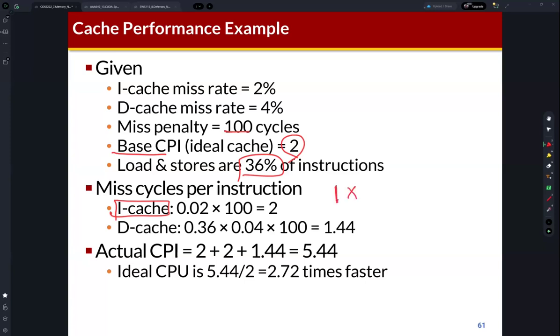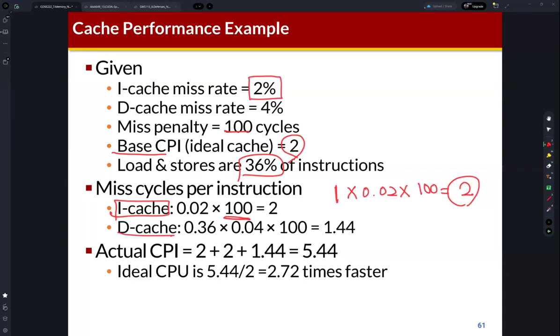And then the cache miss rate is 2%, which is 0.02. And then what is the miss penalty? The miss penalty is 100. So if we calculate this, it's 2. So this is the additional cycles by instruction cache misses, right?